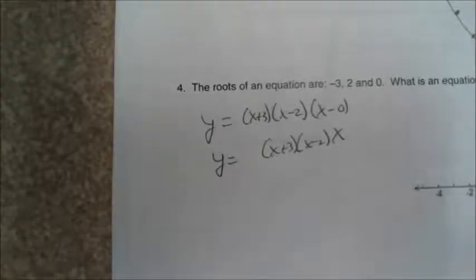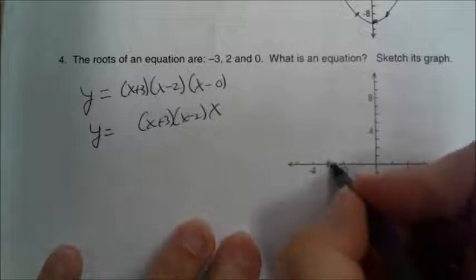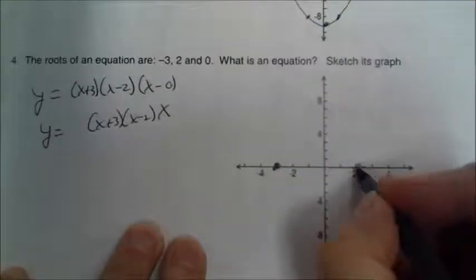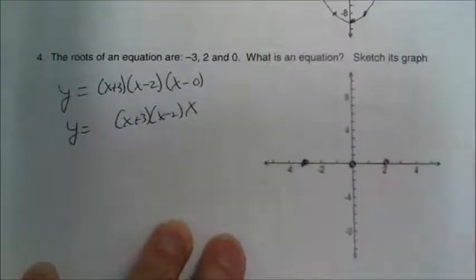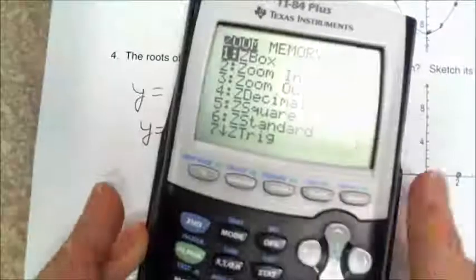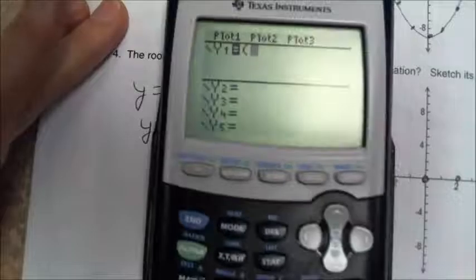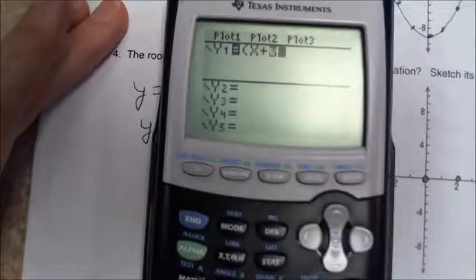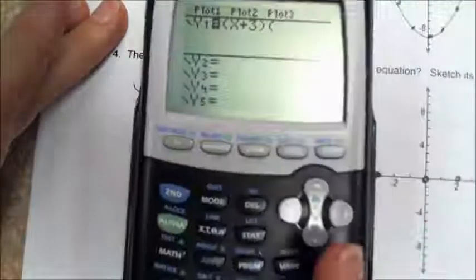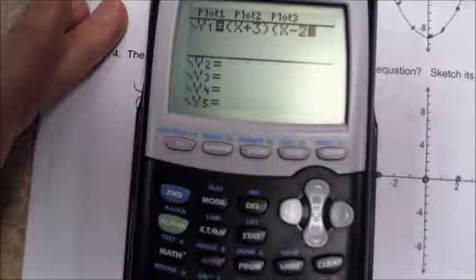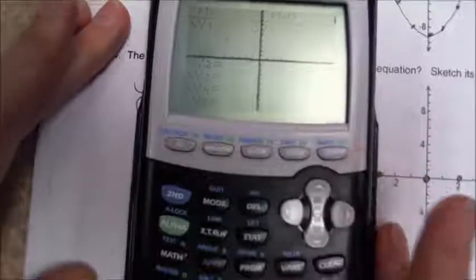I don't think that would save us any time. Let's put these roots on our graph: negative 3, positive 2, and 0. Let's put that in our graphing calculator, see what it looks like. X plus 3 times x minus 2 times x.